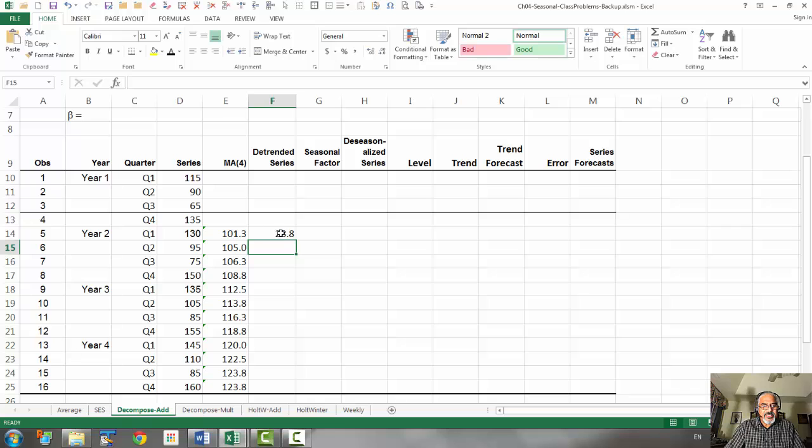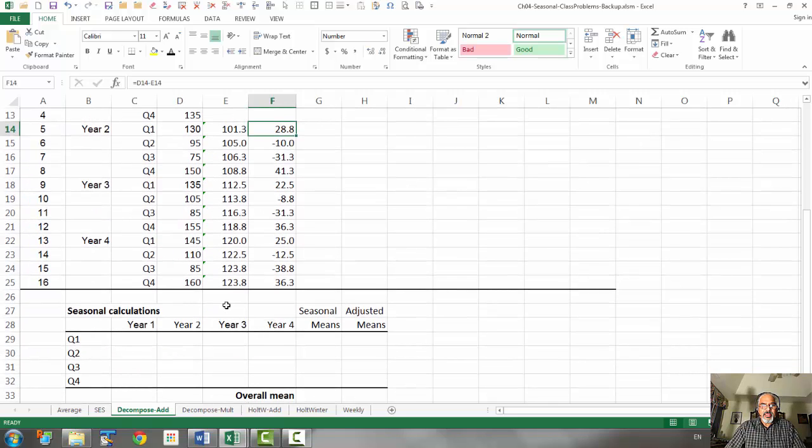Okay, so this is the detrended value for quarter one of year 2. Same, copy that. So the moving average gives us values where the seasonalities have been averaged out, so only trend remains, and if you take that trend out of the actual value, then only the seasonality remains. Remember, we are subtracting because this is an additive model. If it is a multiplicative model, subtracting should be replaced with division.